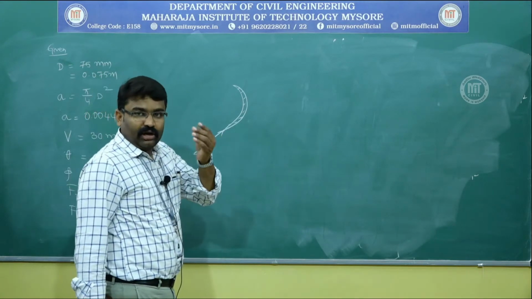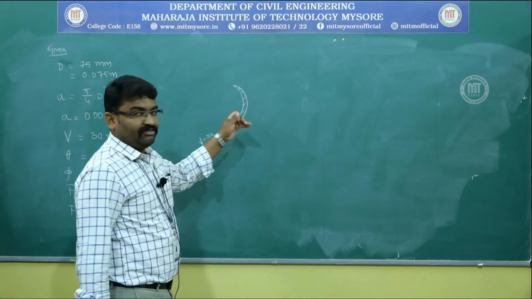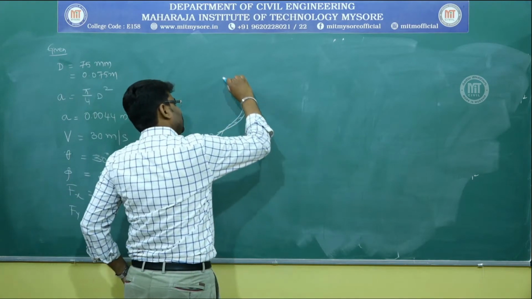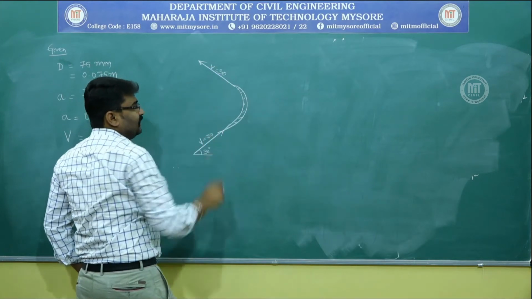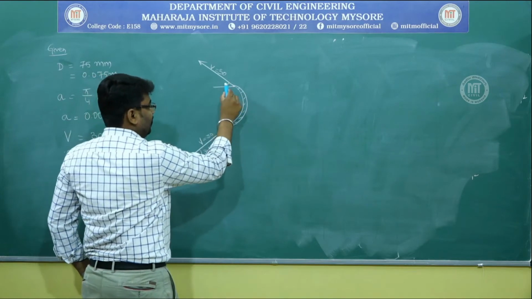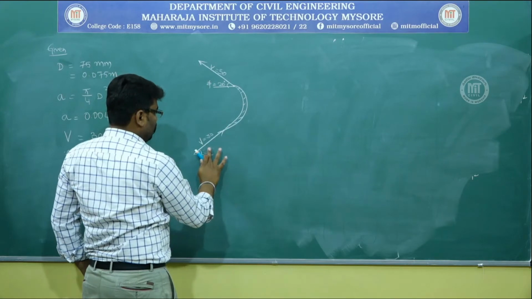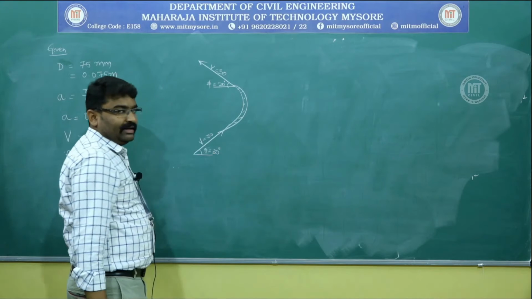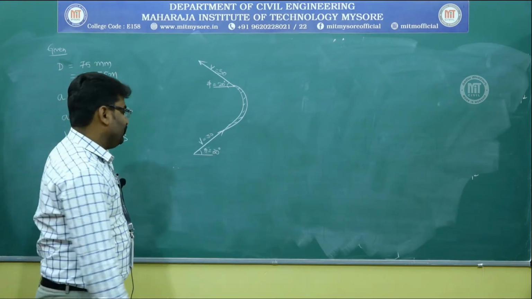Assuming that there is no shock, that means no loss in energy due to the impact of jet on the vane, then with the same velocity the jet will leave the vane. So, V remains as 30 meter per second, but it makes an angle of 20 degree with the horizontal at the exit, that is phi is equal to 20 degrees, and at the inlet theta is equal to 30 degrees. Both are very important because both will be used in my equation.